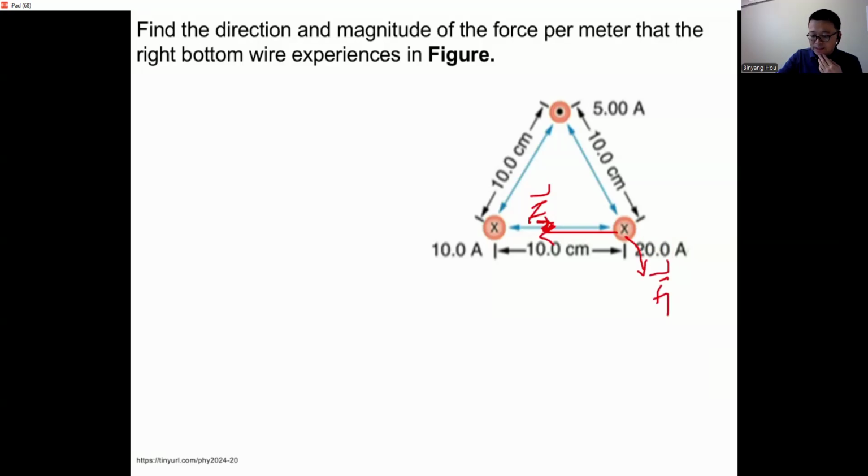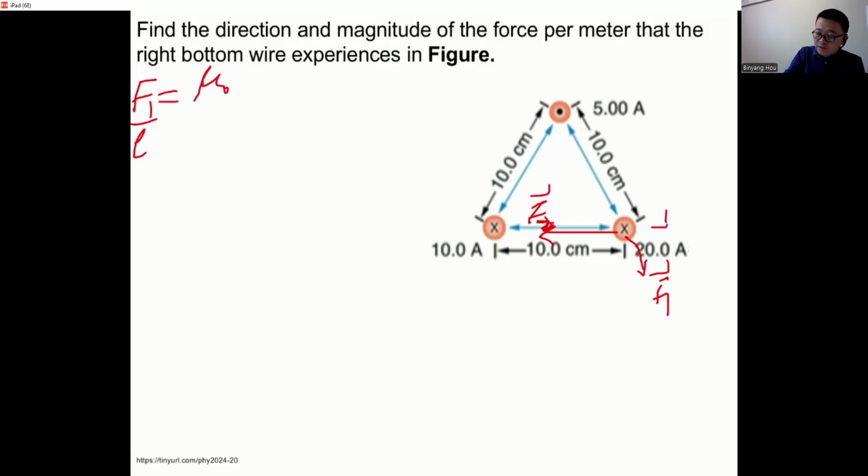Force per unit length, again, is F over L. So for the magnitude of F1, we say F1 over L equals mu naught I1 I3 over 2 pi r.